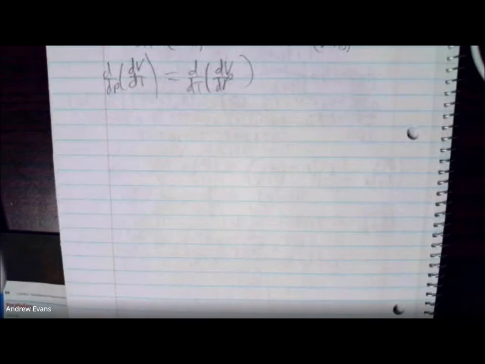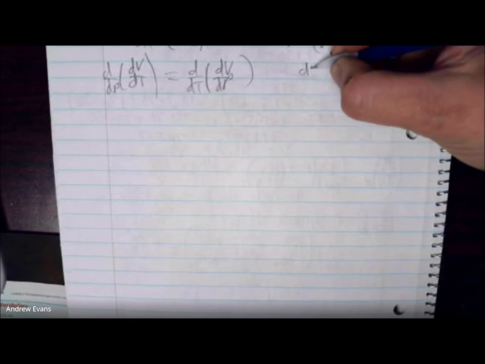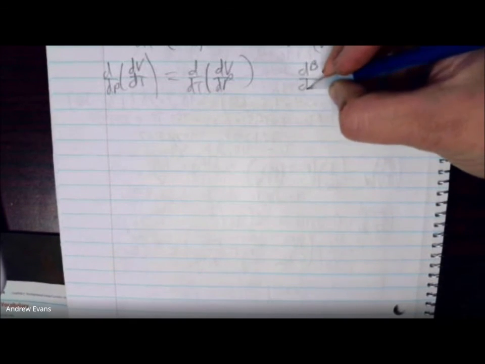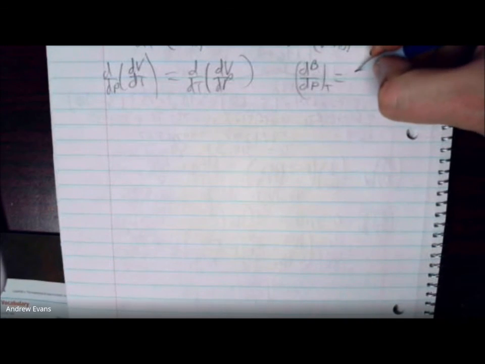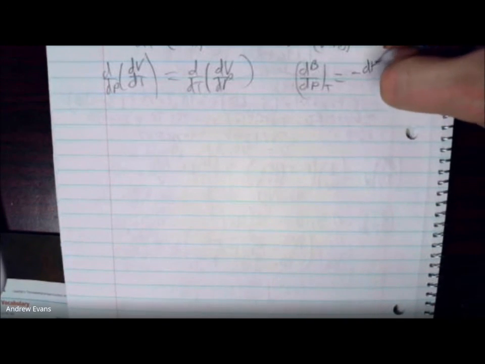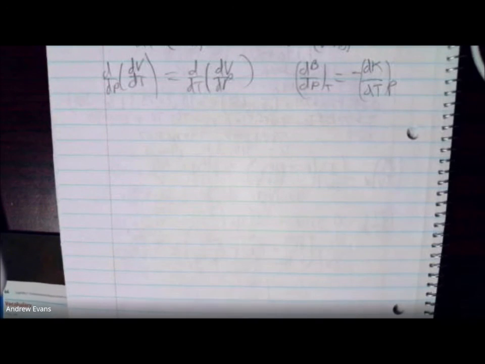Using this relationship, show that the isothermal compressibility and the isobaric expansion coefficient are related by the following relation: d beta dP at a constant temperature is equal to negative d kappa dT at a constant pressure. Show this relationship.